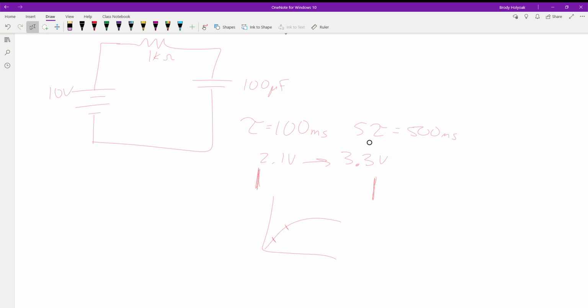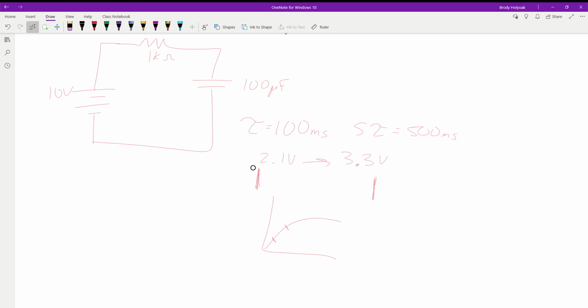The reason why I chose these numbers is that this is kind of no man's land for digital. Okay? Yes, we'll use the natural log for this. Yep, and then we solve for t.